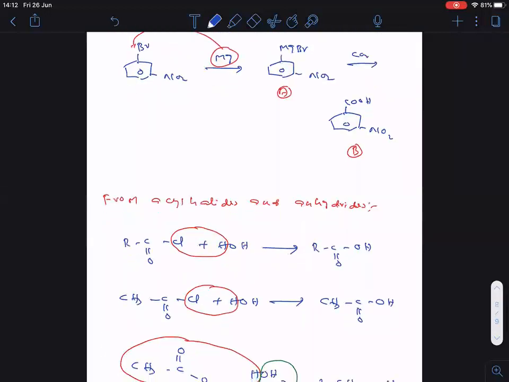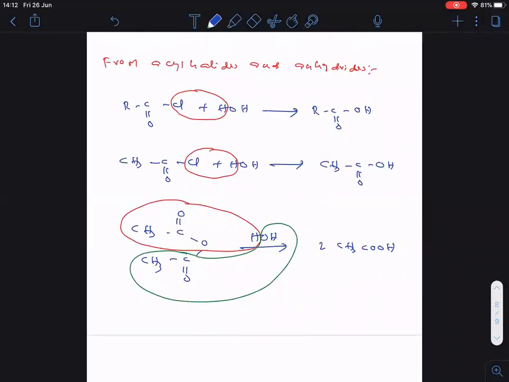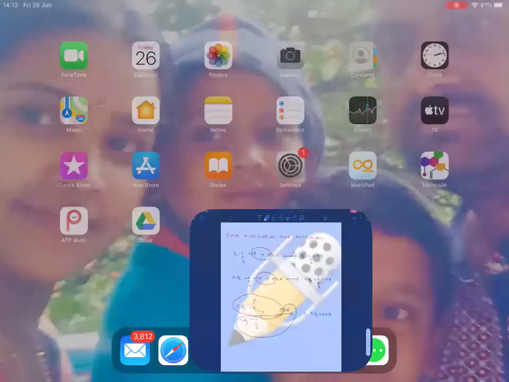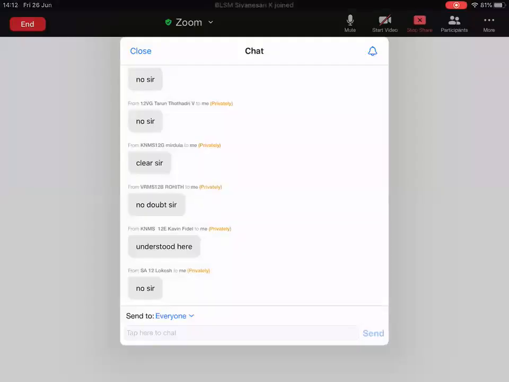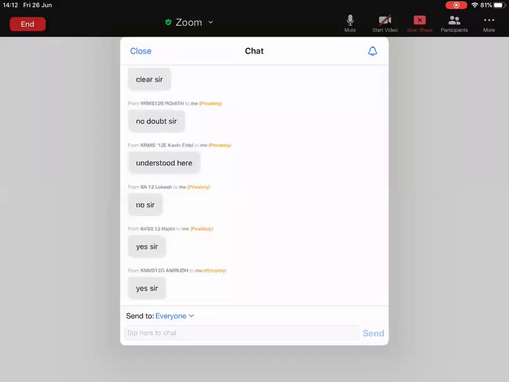Next, from acyl halides and anhydrides. Last preparation method. I hope all the preparation methods are clear, everyone. Clear? All preparation methods? Please respond.